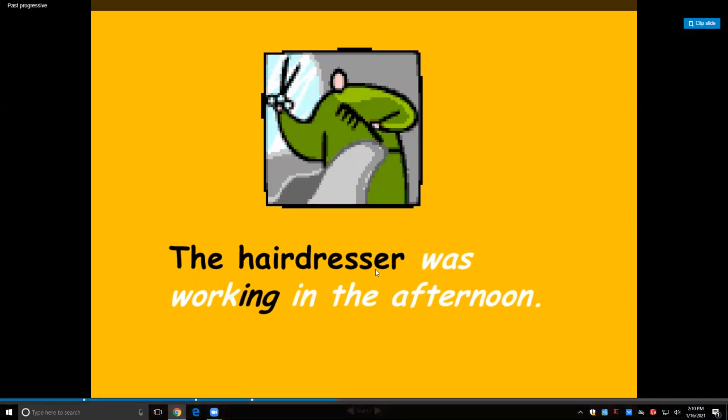If we change it into present progressive tense, it's going to be the hairdresser is working in the afternoon. But if you change it into past progressive, the hairdresser was working in the afternoon. But this ing form of the verb will remain the same. The only thing which will change is our auxiliary verbs.